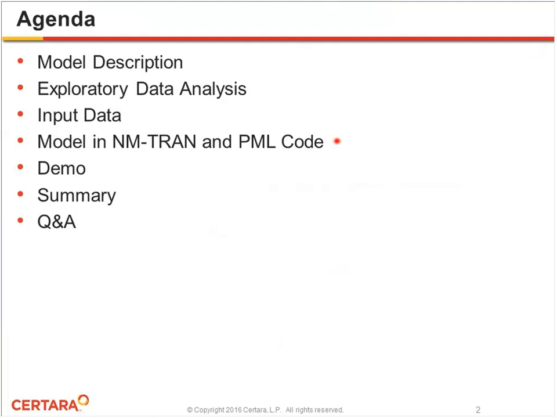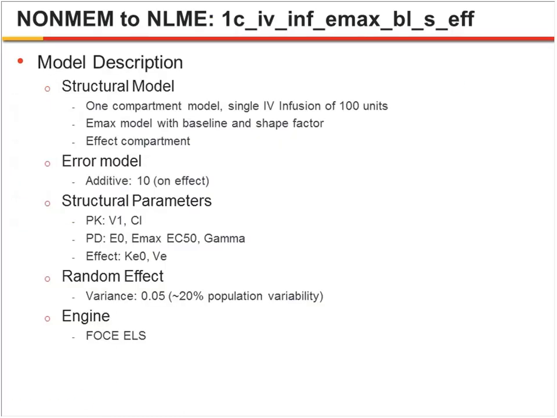And then the biggest part is the description of the model in NM-TRAN and PML code, where I walk you line by line through the different codings. Then we go to a demo where I walk through all the modeling steps, and at the end of this I'm summarizing, and we'll go into the Q&A session. That's our agenda. Let's move on.